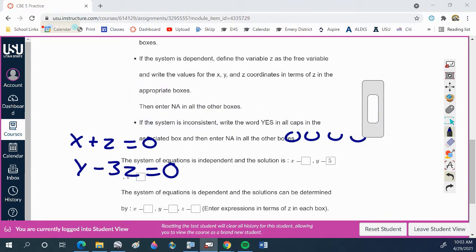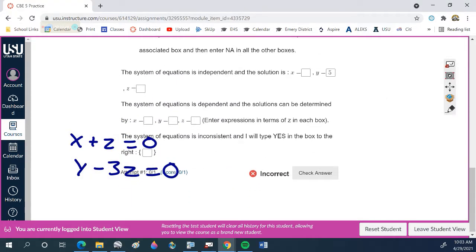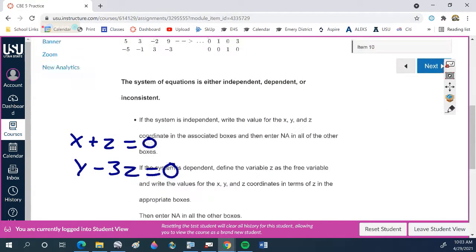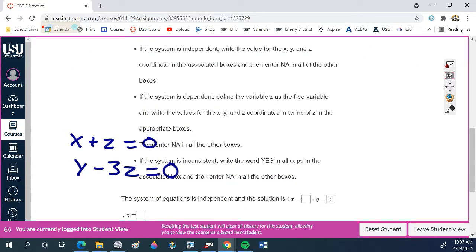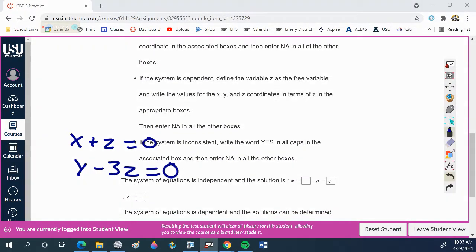It says hold z fixed. Okay, right there. It says write the values of x, y, and z in terms of z. So I want to hold z fixed and figure out what x and y are in terms of z. In this case, we solve for z by subtracting x. So z is equal to negative x.